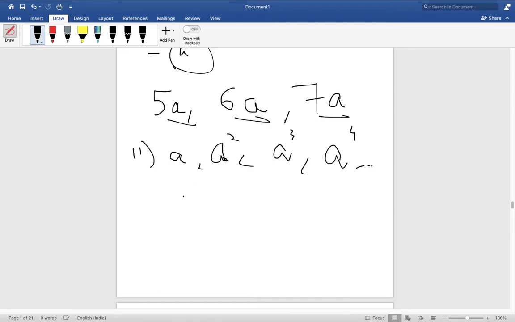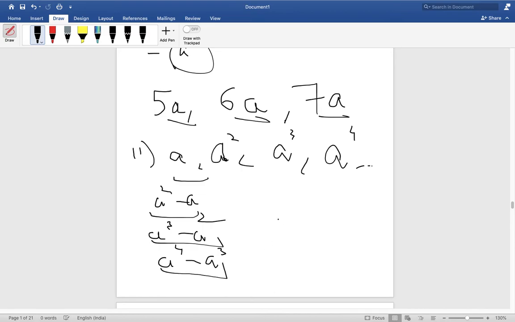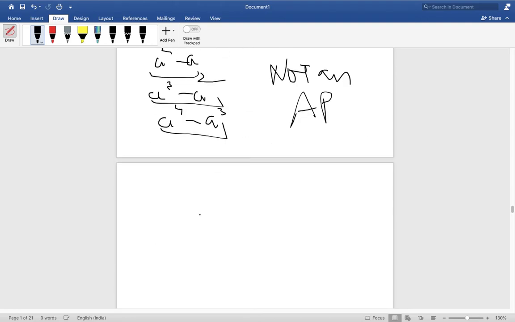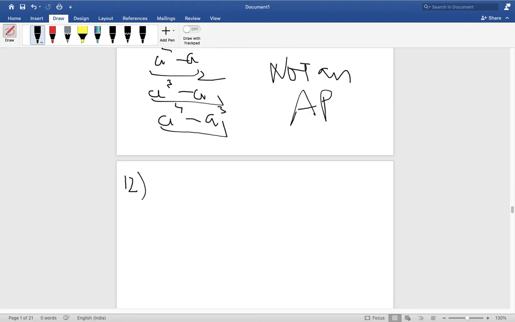Why do I say it's not an AP? Because the differences are A square minus A, A cube minus A square, A raised to the power 4 minus A cube. So this is not equal to this and it is not equal to this. So not an AP, my friends. It's not an AP. Part 12.